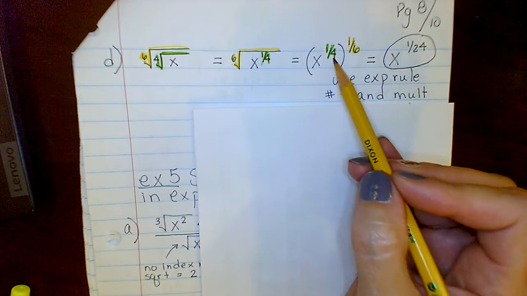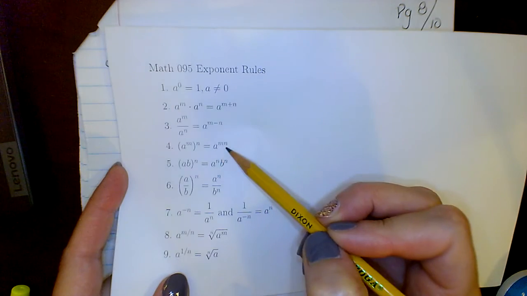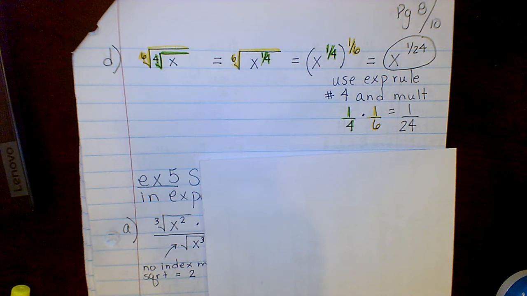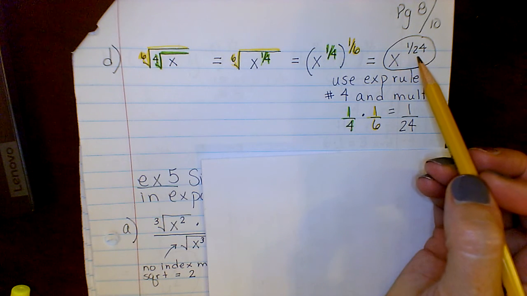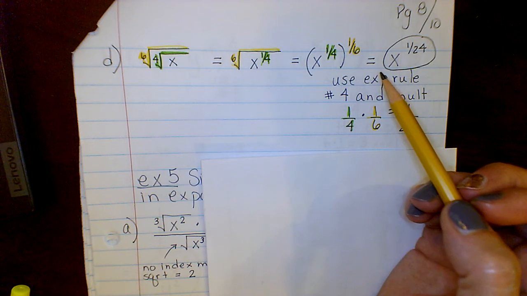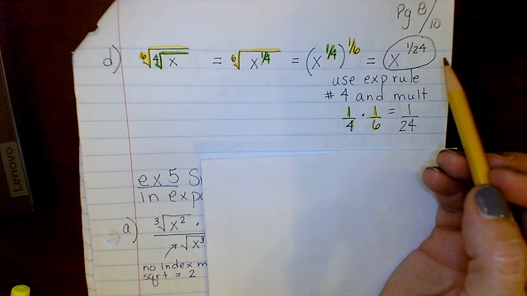Now I've got a power raised to a power, so I'm going to use exponent rule number 4 that says I'm going to have to multiply those exponents. So I multiply 1/4 times 1/6, I get 1/24. Be really careful with these, okay? It looks like I'm just kind of willy-nilly doing this. You're like, okay, well, sometimes she adds the exponent, sometimes she multiplies.